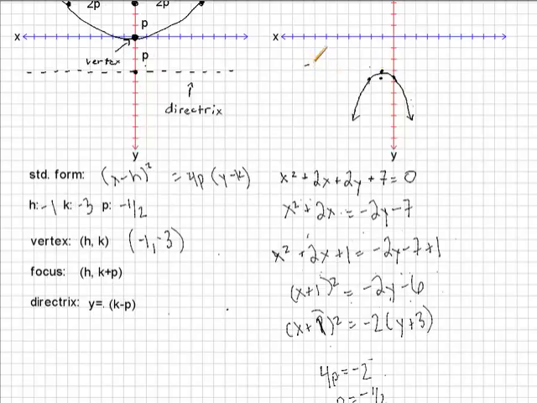So I can go up here and draw a little line for my directrix. So my focus is at (negative 1, negative 7/2), and my directrix is the line y equals negative 5/2. And that's what your parabola looks like.